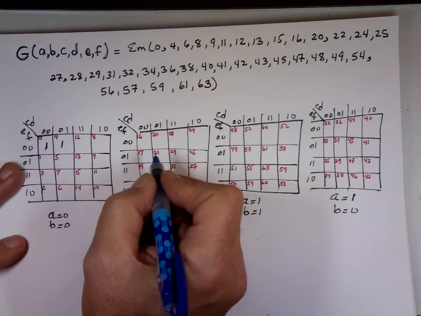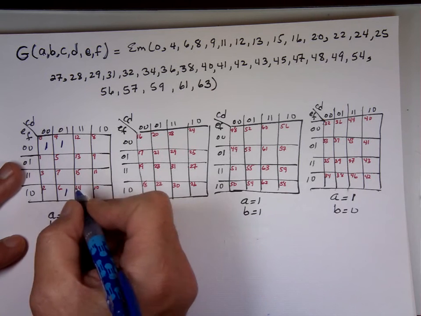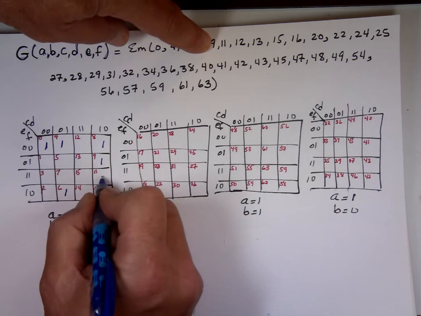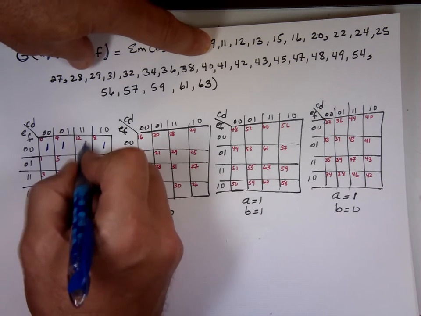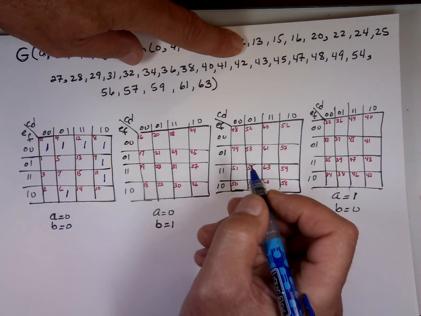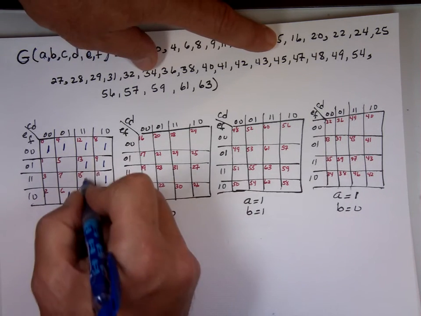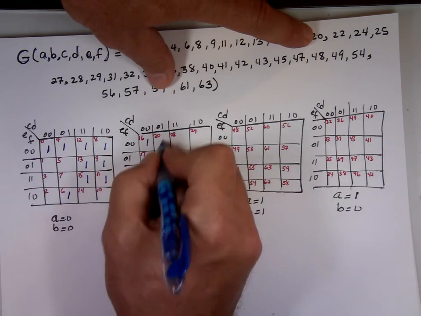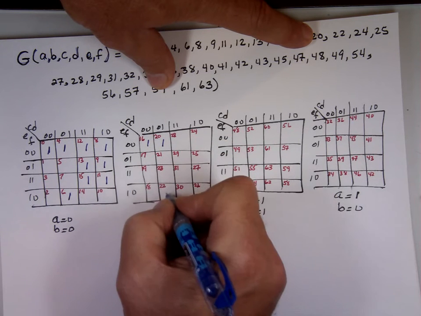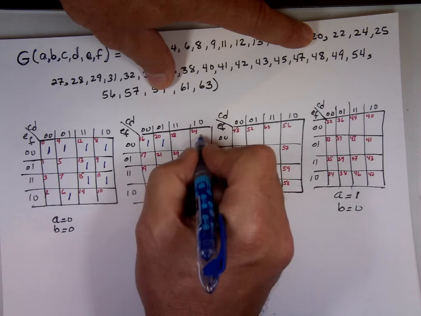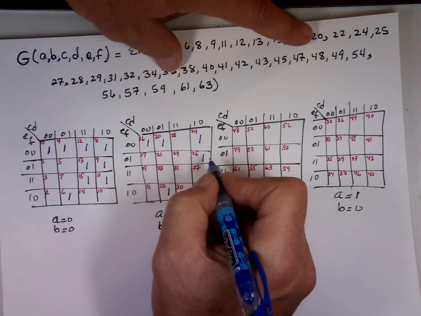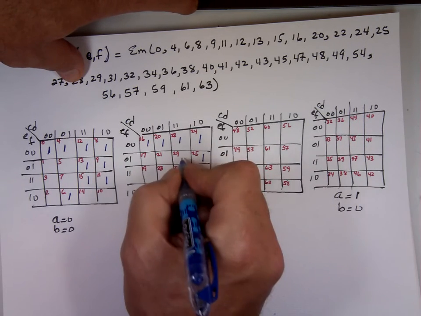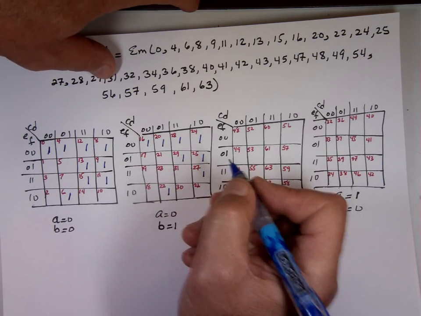Once I find the 6, the 8, the 9, the 11, the 12, 13, 15, 16, 20, 22, 24, 25, 27, 28, 29, 31. Where's the 31?